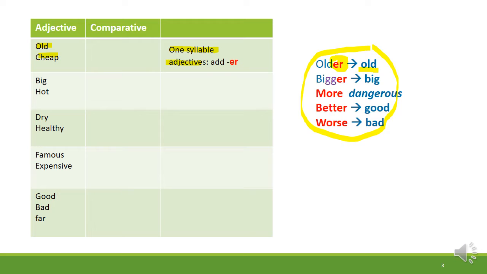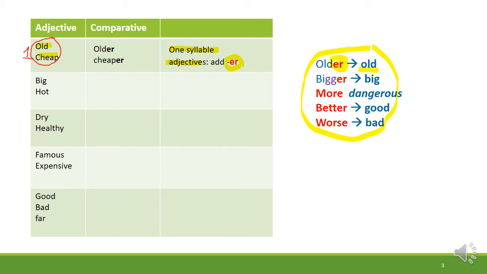In this case, we add er. For example, older, cheaper. Remember, in these cases, we only have one syllable. These are short adjectives. Old, cheap, one syllable.